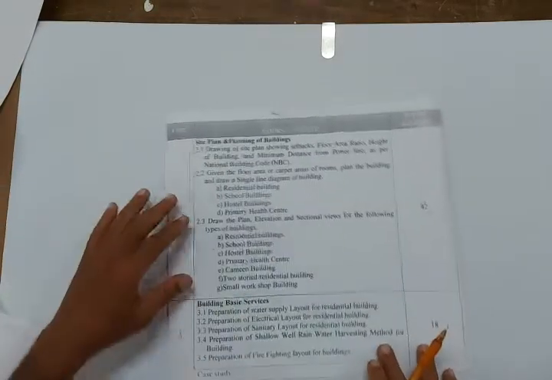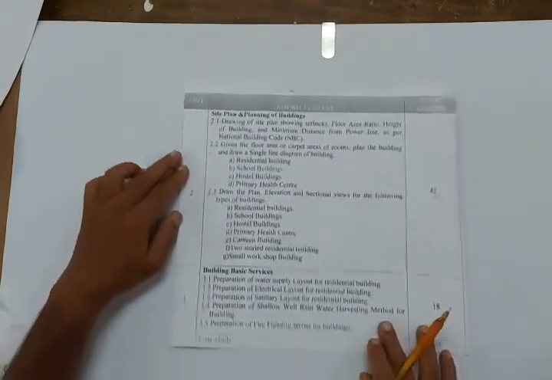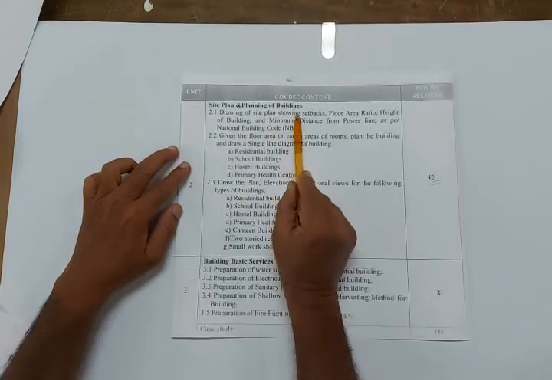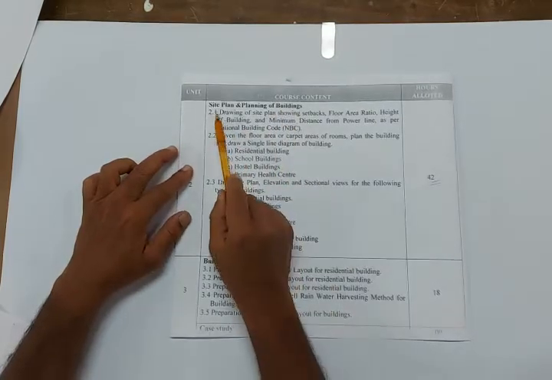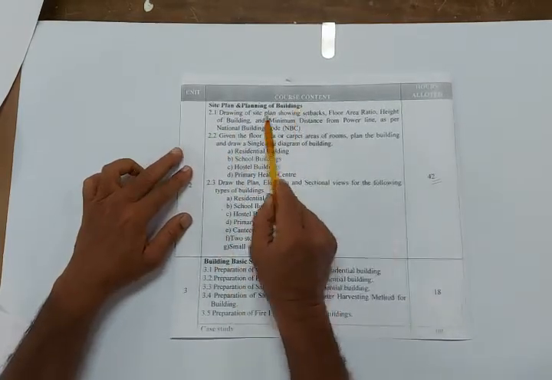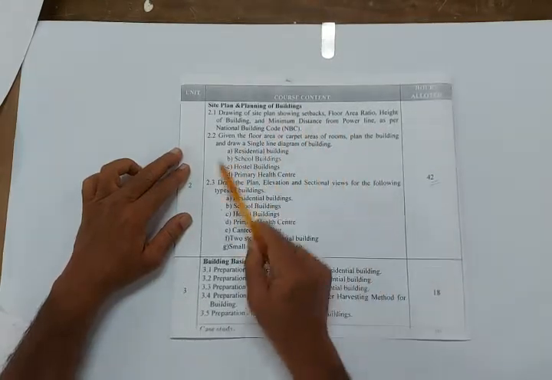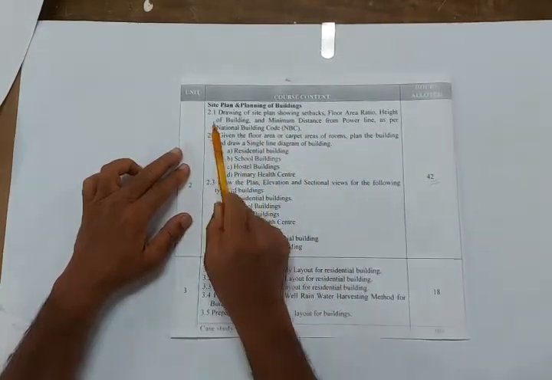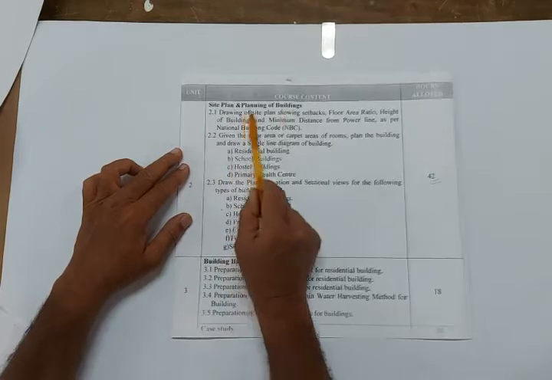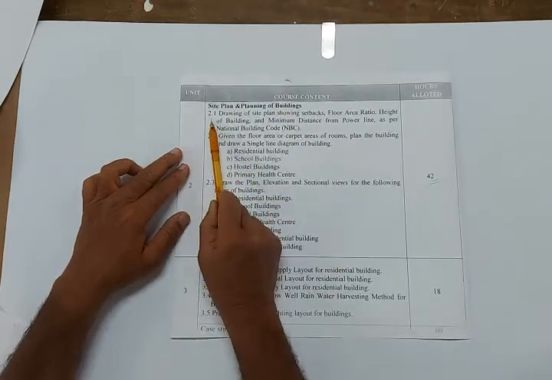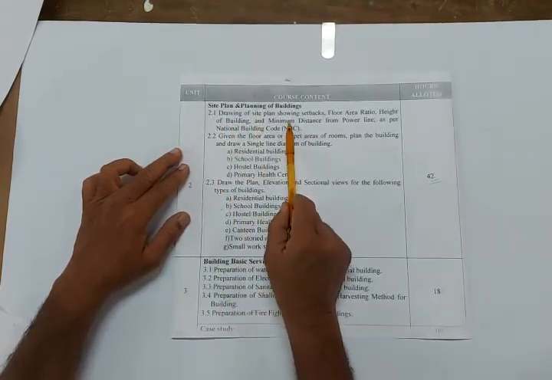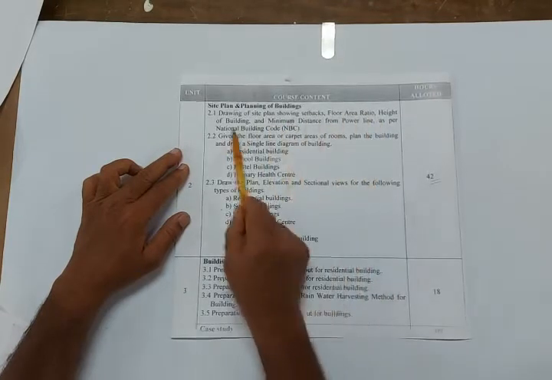And next one is unit 2, the site plan and planning of the drawings. This is the important topic for the building planning drawing subject. Under site plans and planning of the buildings, that is 2.1, you have to draw the site plan according to the given data.